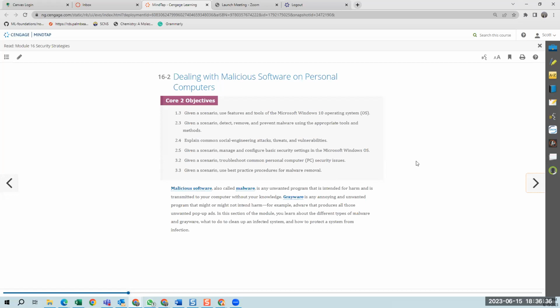Now, how do we deal with downloading software? Well, we set policies in place that put steps along the way to check, so that software is not installed with just a single click.